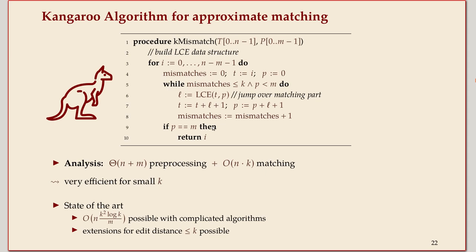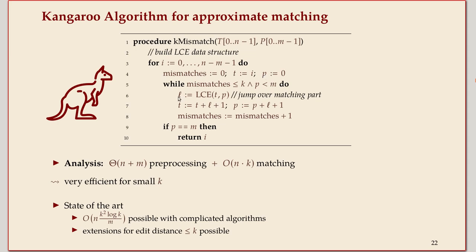Okay? So the algorithm, again, is not very complicated. It counts how many mismatches we already had. First of all, it tries all positions in the text after each other. It counts the mismatches that we've accumulated so far, and it keeps track of the position where we are in the text and in the pattern.